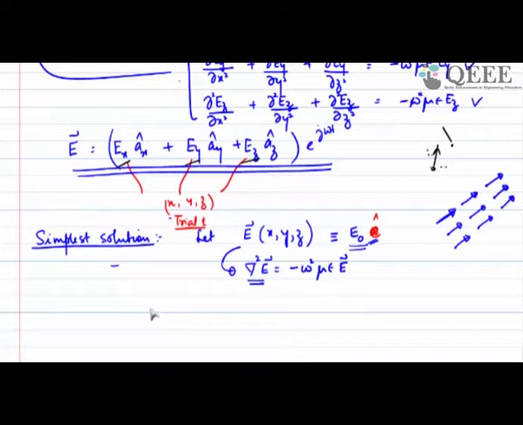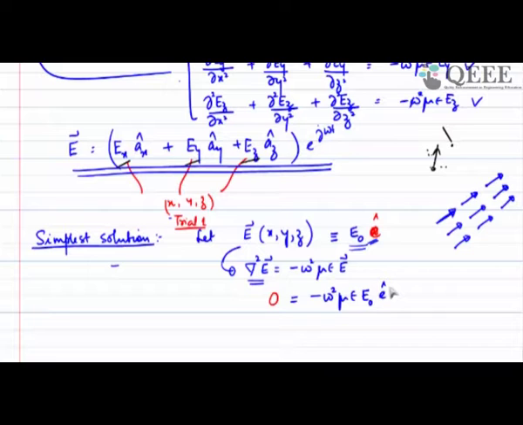There is no del by del x, no del by del y, no del by del z, so there is no second derivative. My left hand side is going to be 0 and the right hand side is minus omega square mu epsilon times E, which is E naught in the e cap direction.